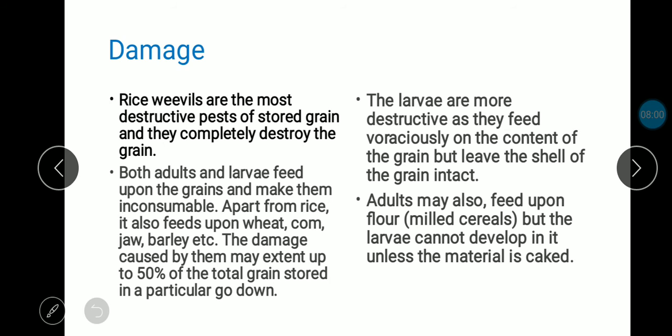Apart from rice, it also feeds on wheat, corn, jowar, barley, etc. The damage caused by them may extend up to 50% of total grain stored in a particular godown. The larvae are more destructive as they feed voraciously on the content of the grain but leave the shell of the grain intact. Adults may also feed upon flour but the larvae cannot develop in it unless the material is caked.